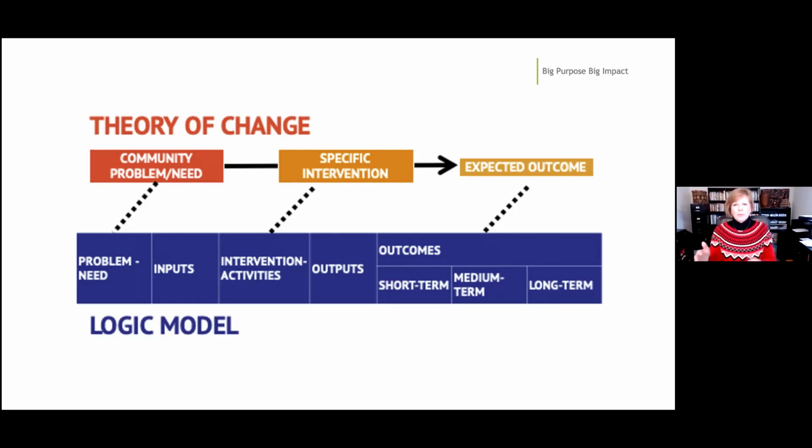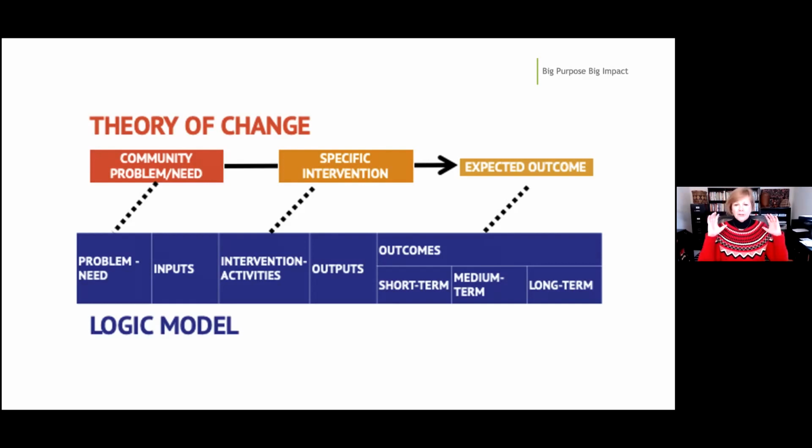Maybe for some of your programs, the way you've laid out your logic model, you might be measuring a medium or longer term thing, but for most people, what you end up doing is measuring your short-term outcome.